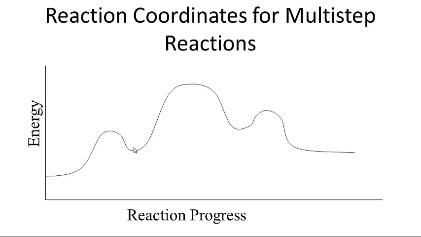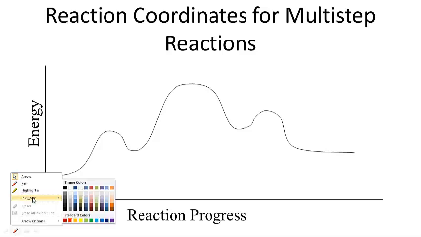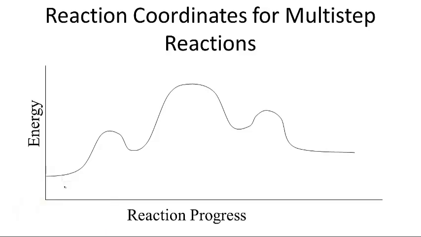So we have different potential mechanisms. As David brought up a minute ago, if you have a multi-step reaction, you're going to have multiple bumps in the reaction coordinate diagram.